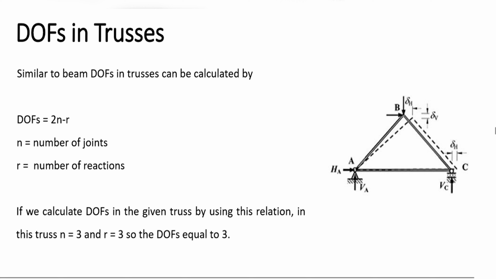Because there is a roller and a pin support at A and C. n is node A, node B and node C. And the reactions are two reactions at point A and one reaction at point C. So the degree of freedom comes out to be 3.